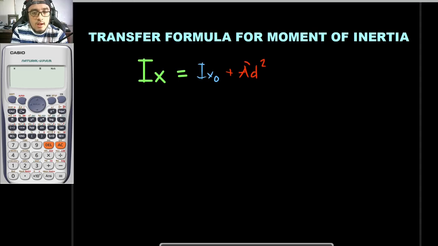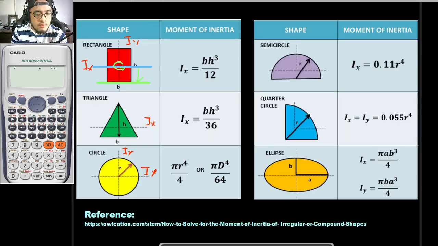This A is the area of the figure, and d squared is the distance from your centroidal axis up until the axis of your choice. So if you analyze this, this is your value for d, this distance right here. Let's have an example later.